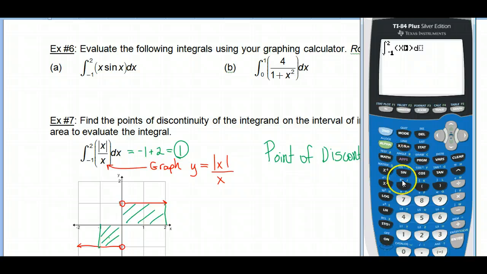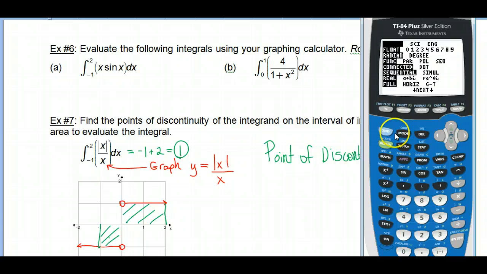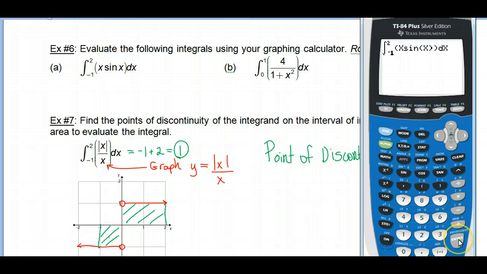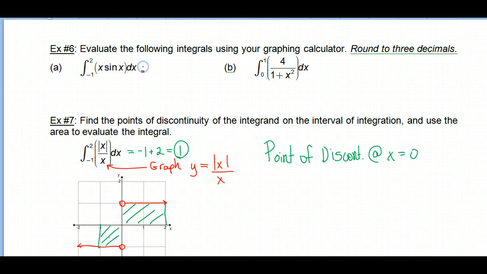Make sure your calculator is in radians for this first one. So just go to your mode and verify that it's in radians. And we get 2.043.